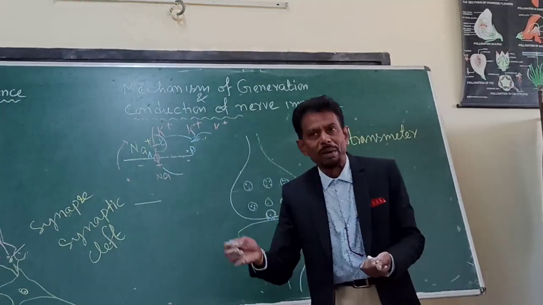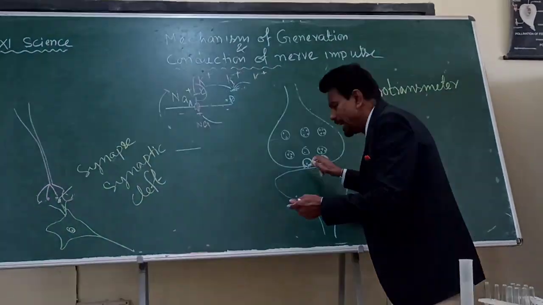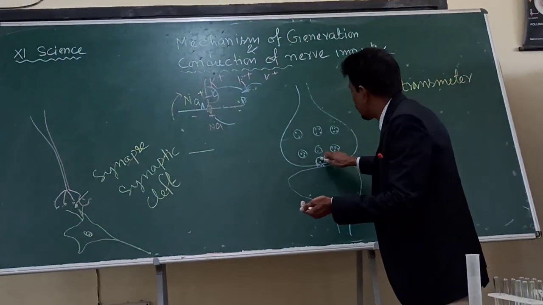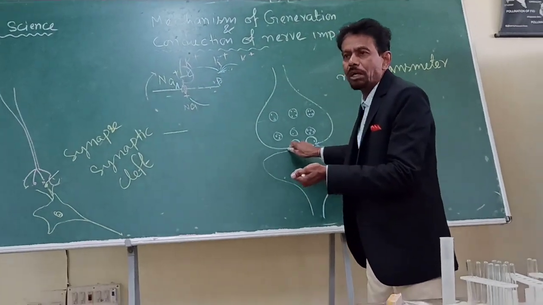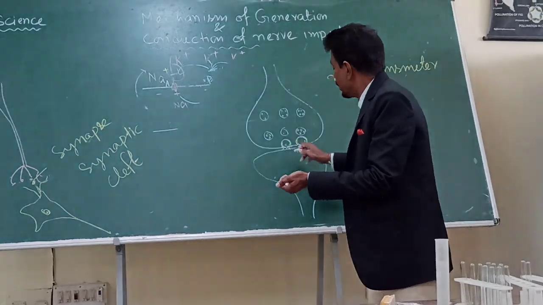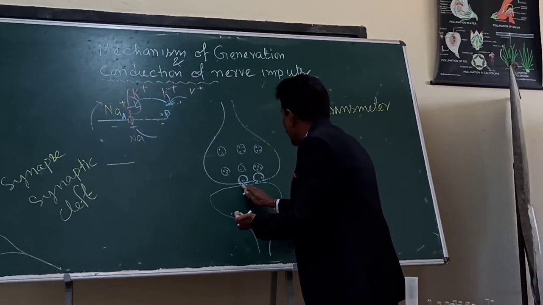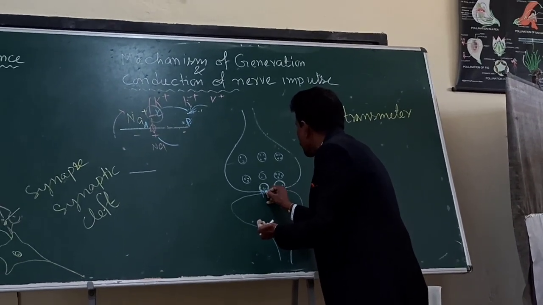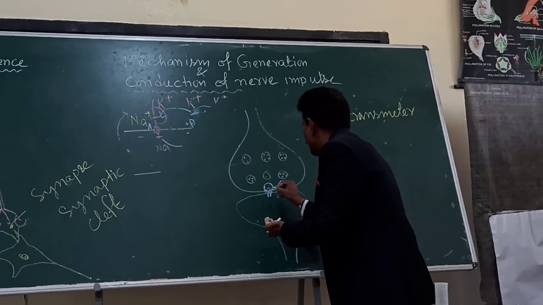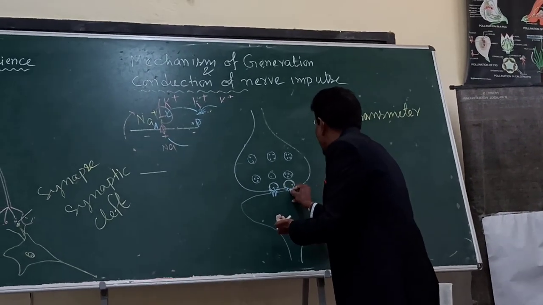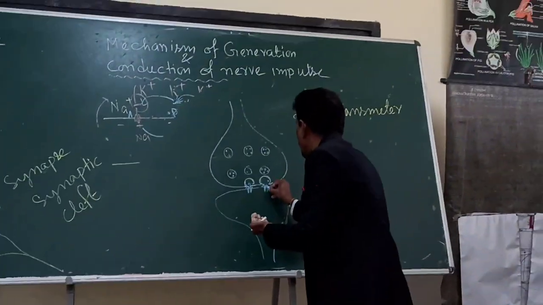Now what will happen when the neurotransmitter acetylcholine is released by fusion of the synaptic vesicle with the end part of the synaptic knob membrane? The neurotransmitter will affect the ion channels present over the membrane of the other nerve.